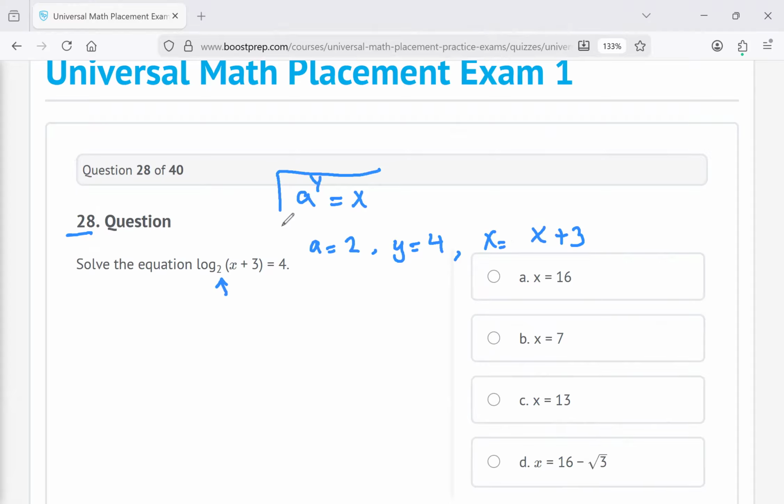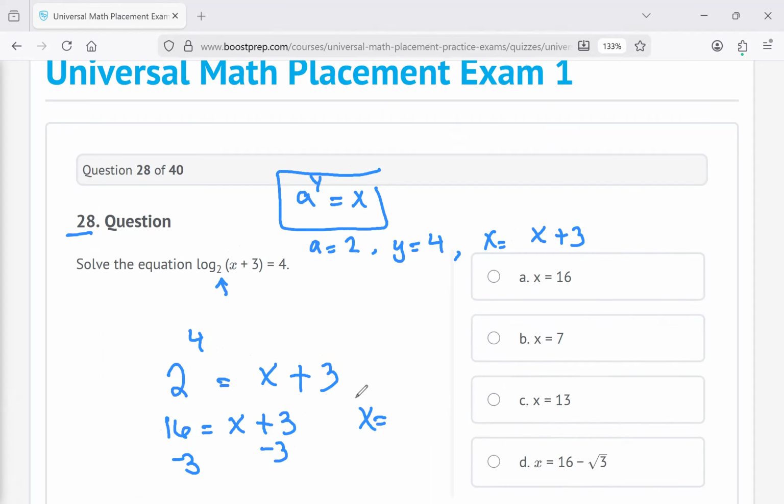Once you know that, put it in the power form, a to the y equals x, where a is 2, y is 4, and x is x plus 3. So 2 to the 4th is 16. Subtract 3 from both sides, we get 16 minus 3 is 13. Letter C.